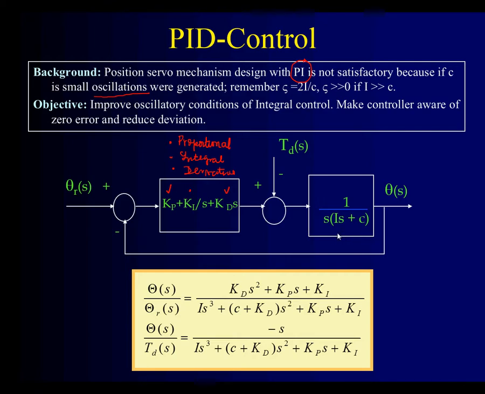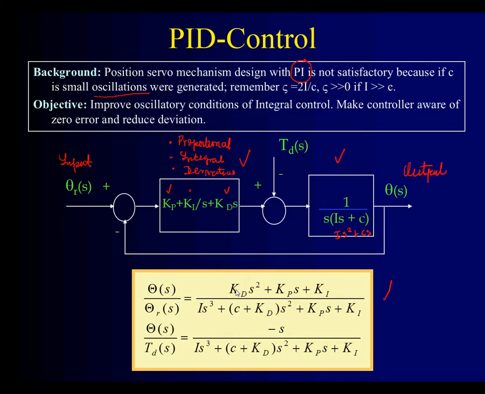This is like I S squared plus C times S. So this is a second order system, although one of the roots is at 0. If you combine this plant plus the control, you will obtain this transfer function. This would be the transfer function for the output here in relationship to this input.